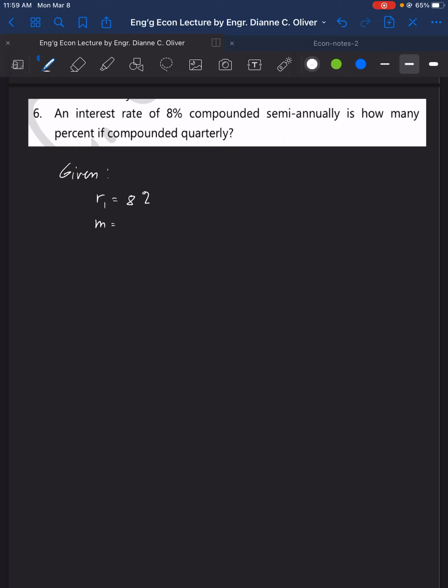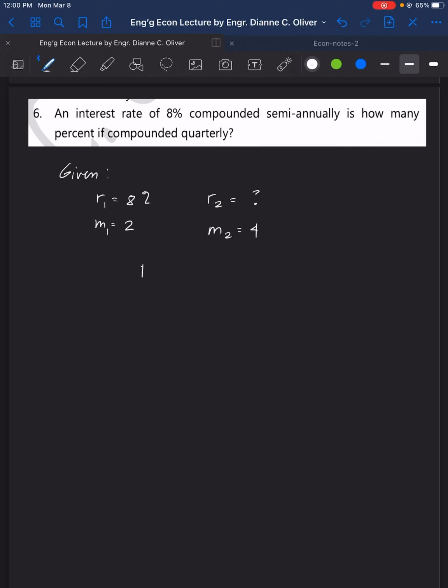M, compounded semi-annually, so we have here 2. This is M1. R2 is equal to how many percent if compounded quarterly? So it is question mark. We're looking for R2. M2 is for quarterly, 4.